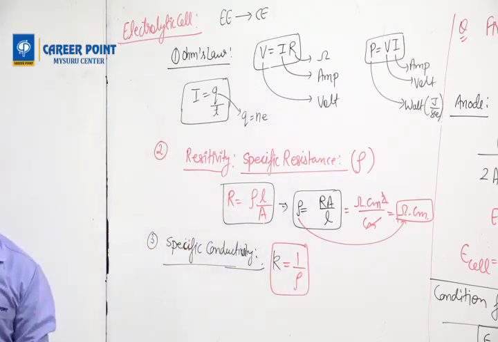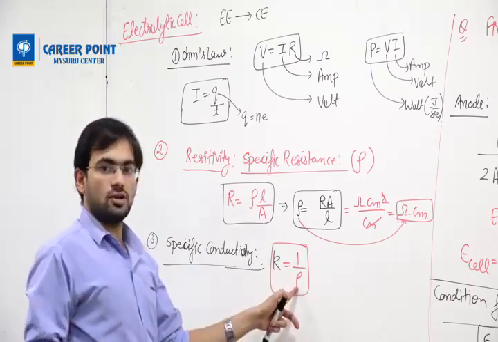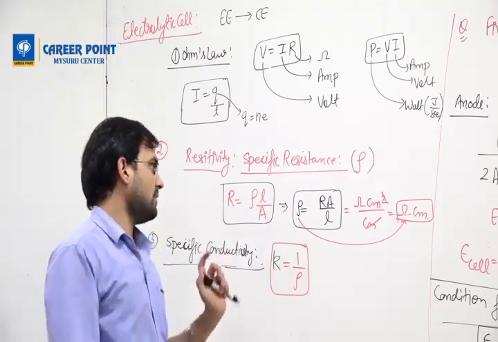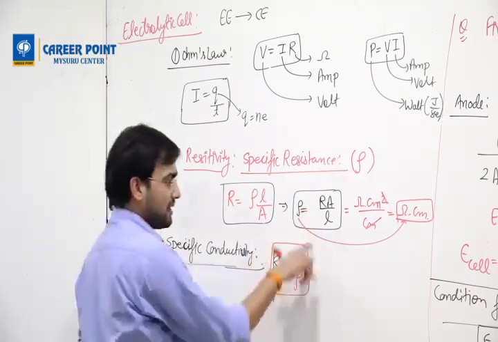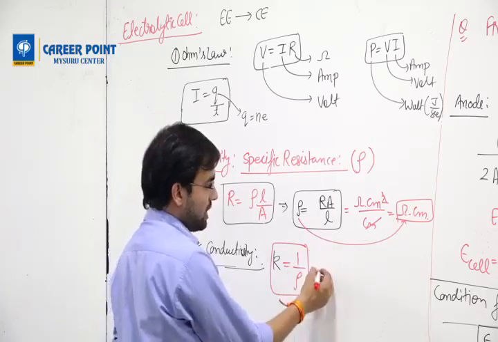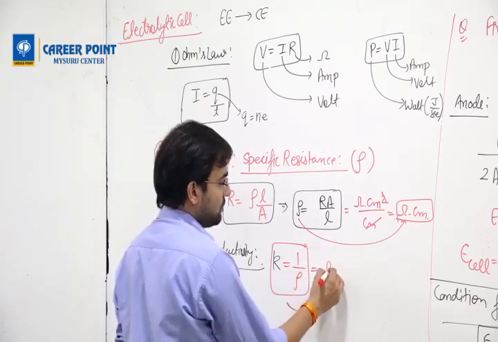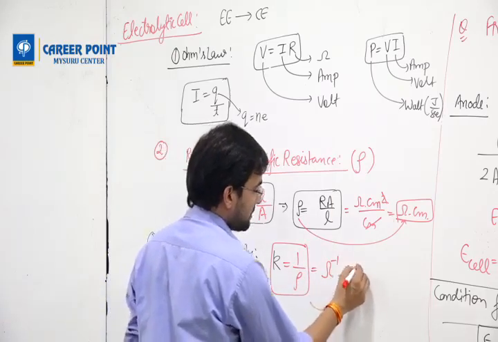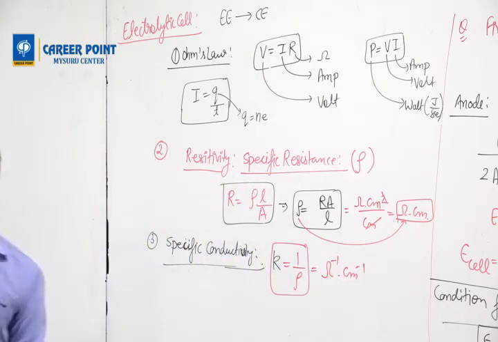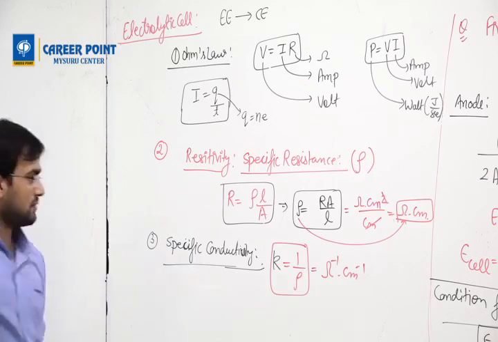Specific conductivity or specific conductance is the reverse of resistivity. I am not going to write a formula, but I am going to write the unit. Unit will become ohm inverse centimeter inverse.